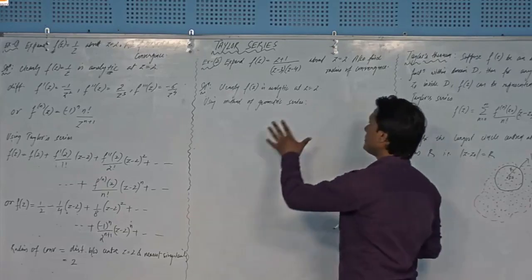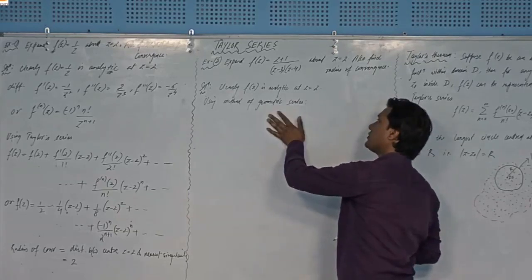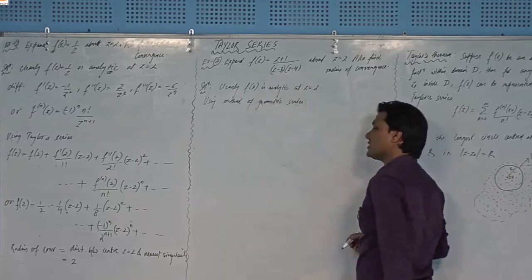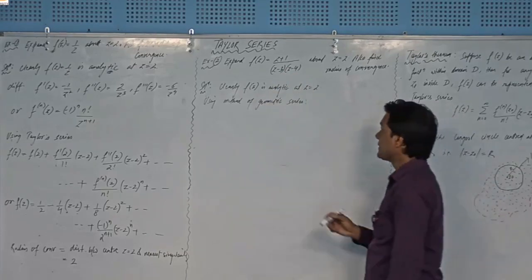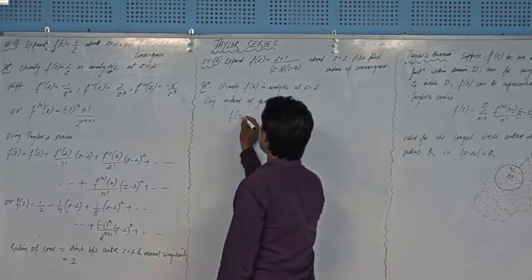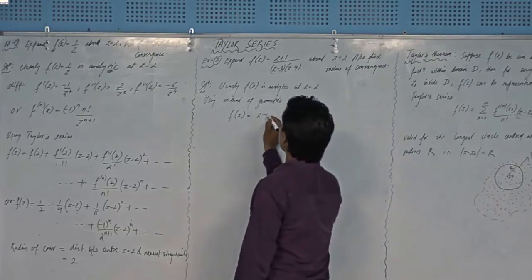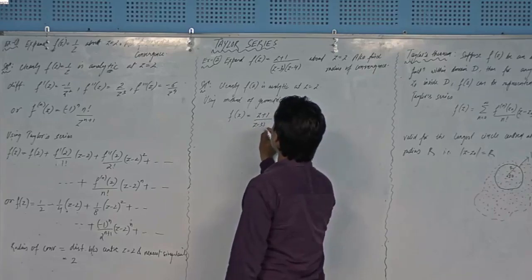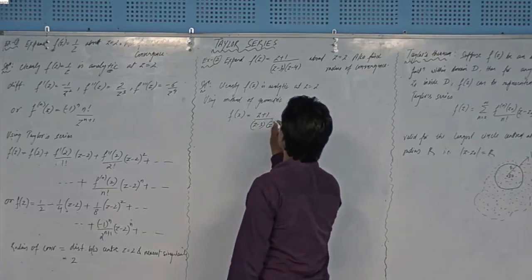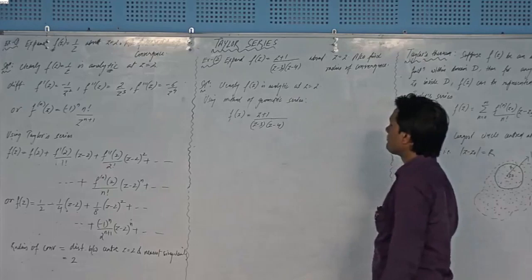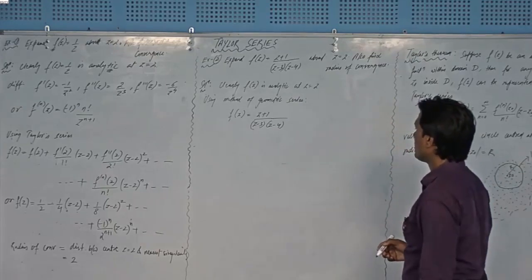In order to use this geometric series method, you first express your function in terms of partial fractions, right? So using partial fractions, f(z) equal to (z plus 1) over (z minus 3)(z minus 4). I need z plus 1.